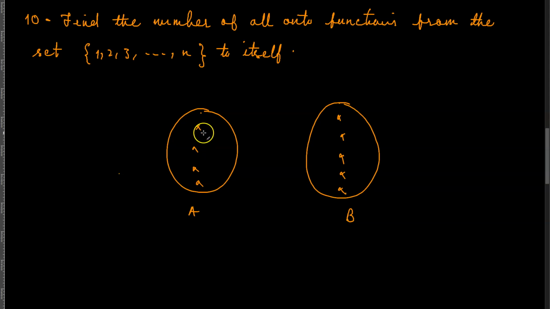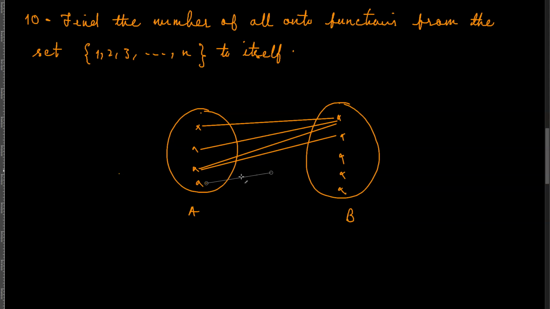Now a function is basically, well, you could argue that, for example, this is a relation from A to B, right? So you could do whatever that you want. So for example, you could call this a relation. This is a relation R, for example, from A to B.